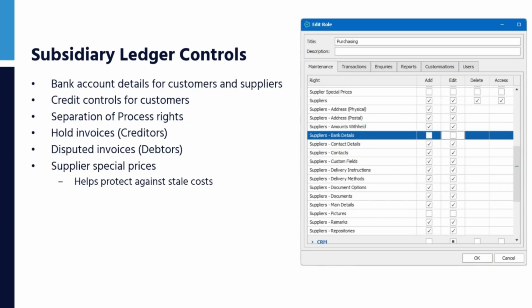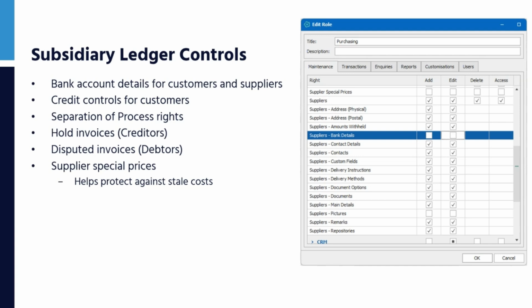Just a couple of segues also to subsidiary ledger controls, as they sort of interact with your general or nominal ledger controls. So we have recently added additional security around bank account details for customers and suppliers. So there's more fine-grained control as to the customer and supplier bank details now.